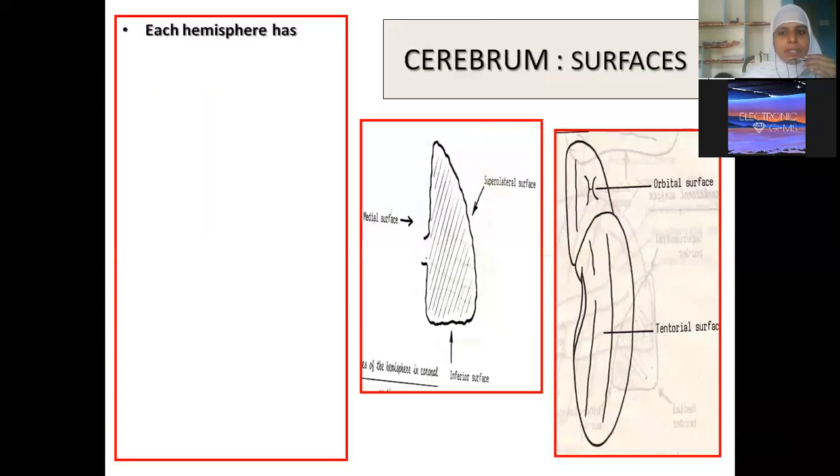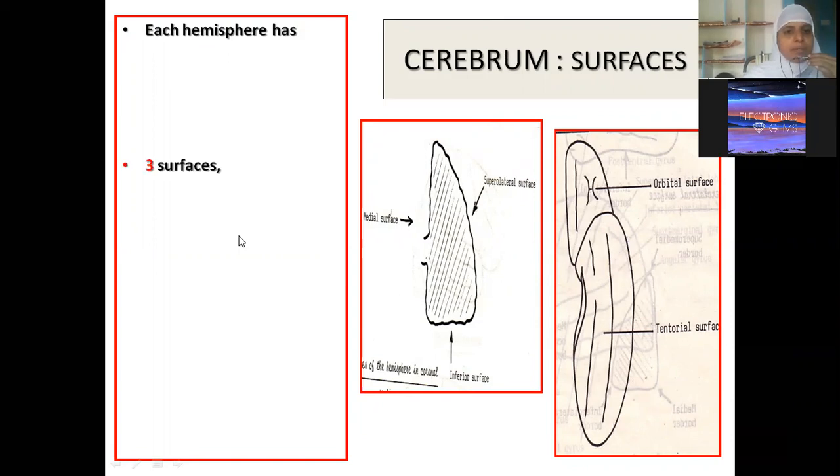Now see here, this surface of the cerebrum is seen from below, so that's the reason we call it the inferior surface. The inferior surface is further subdivided into an orbital part and a tentorial part by this sulcus, which is actually the lateral sulcus, and this point is the stem of the lateral sulcus.